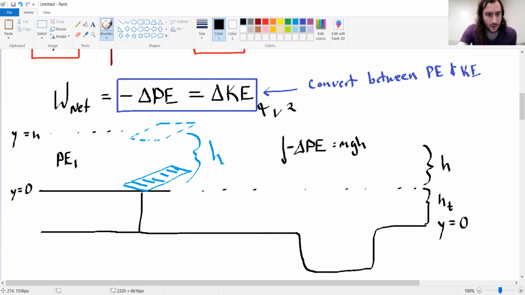So let's be precise here. Let's call this state 2 and let's call this state 1. The potential energy according to this person with their coordinates at the location 2, at state 2, would be mgh.